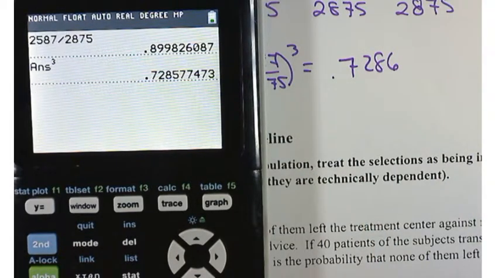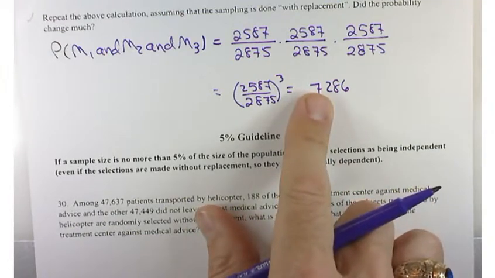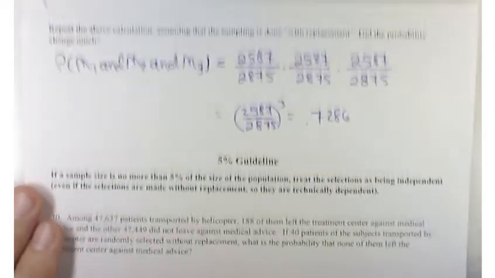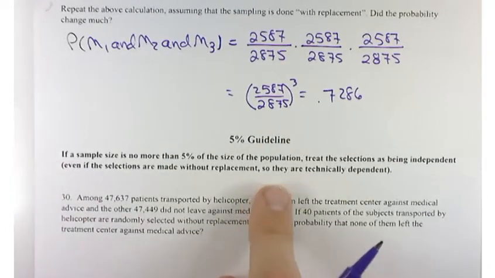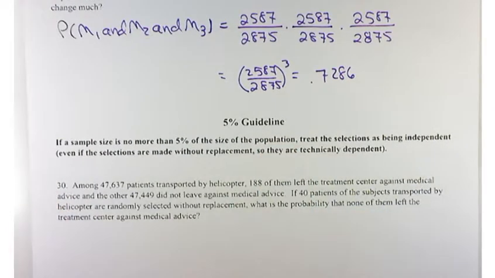No. So we're going to have a little fudge rule for ourselves. Since it doesn't make a huge difference which way we calculated it in certain circumstances, we're going to take the easy route. It's called the 5% rule. It's something that your author tends to like, so get used to it, comfortable with it.